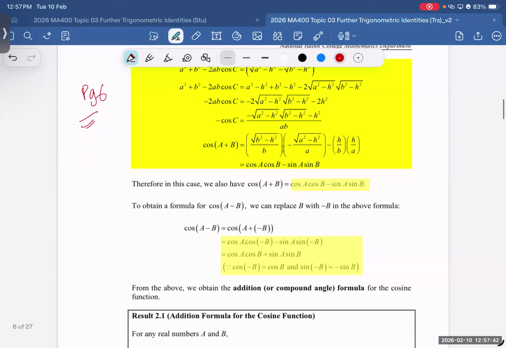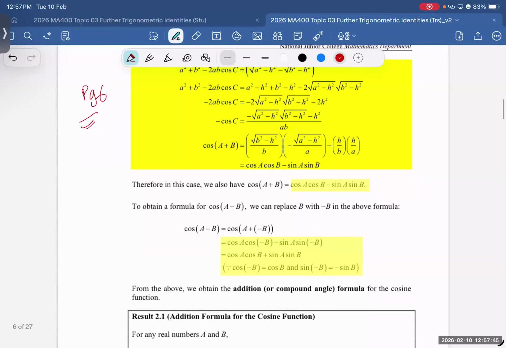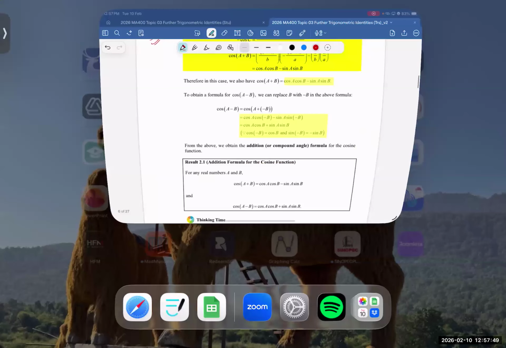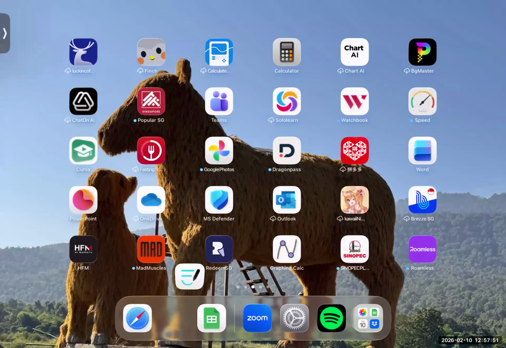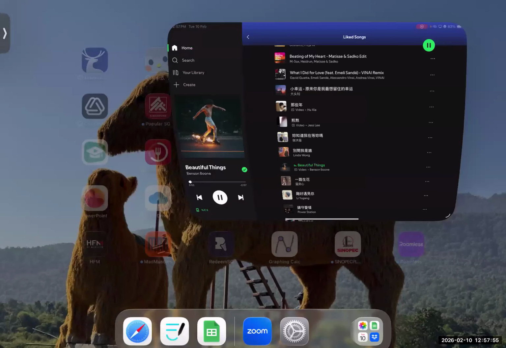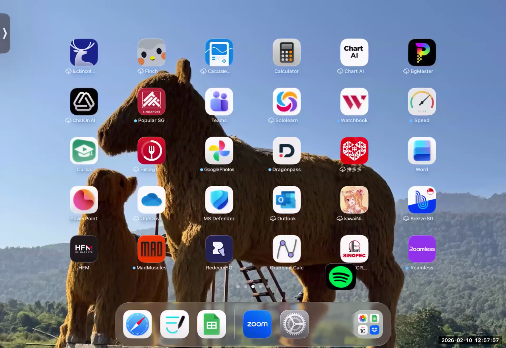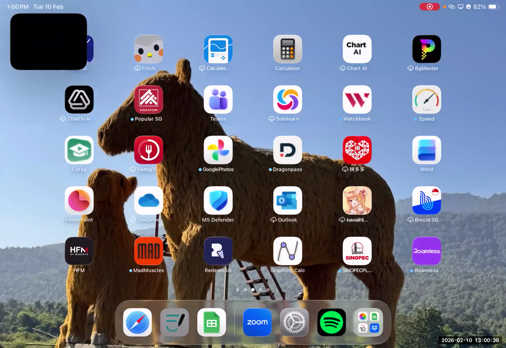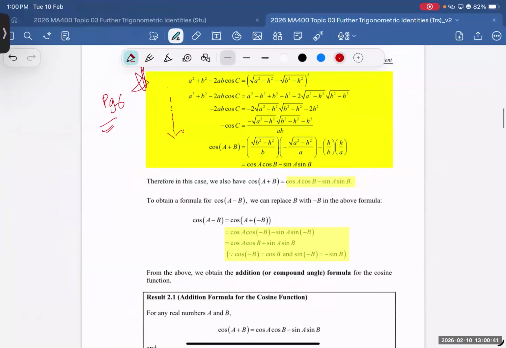Not much difference in the steps. One second. Okay, so where am I?